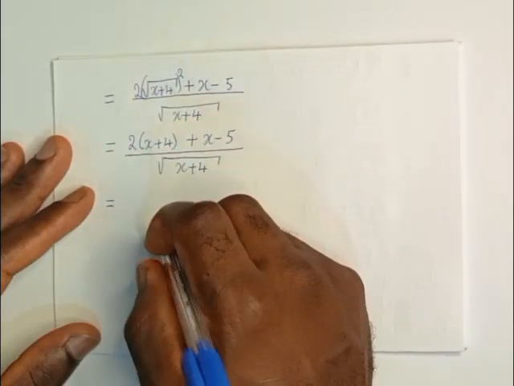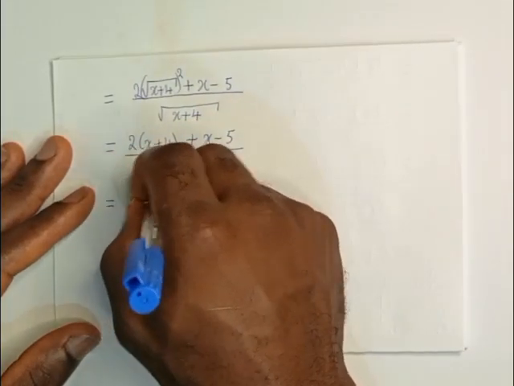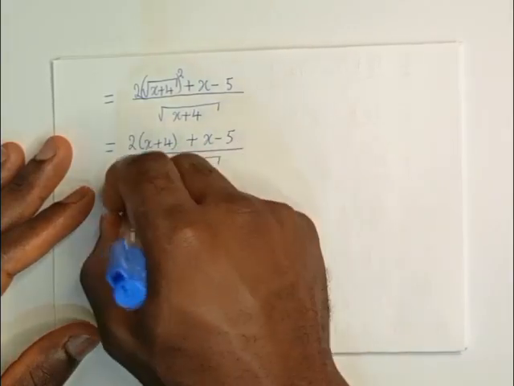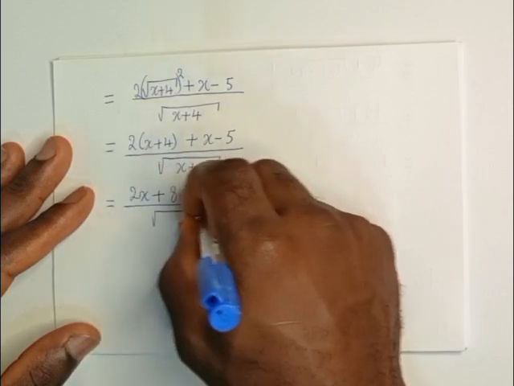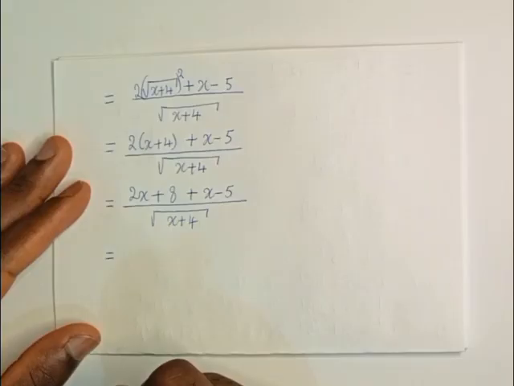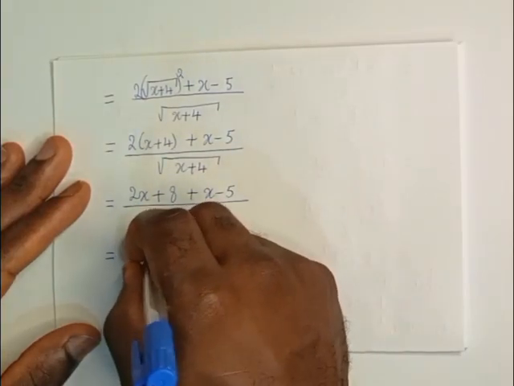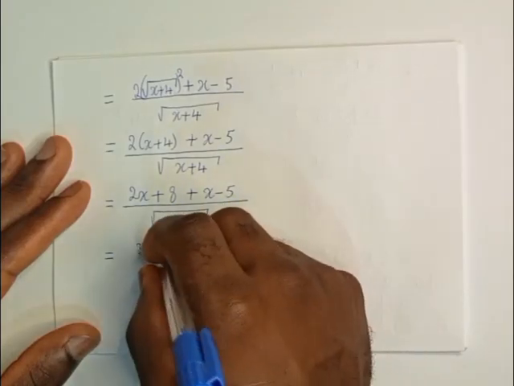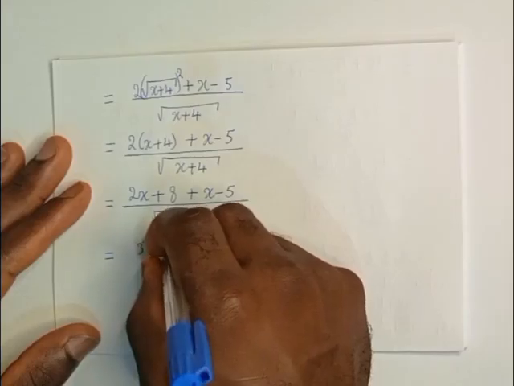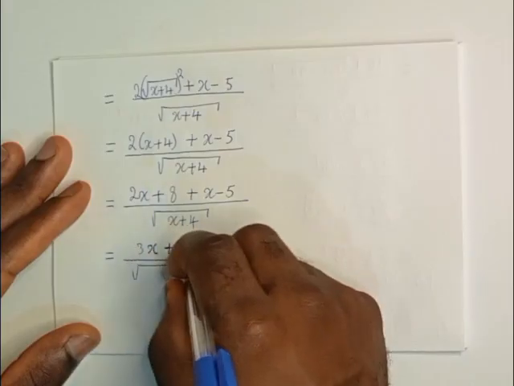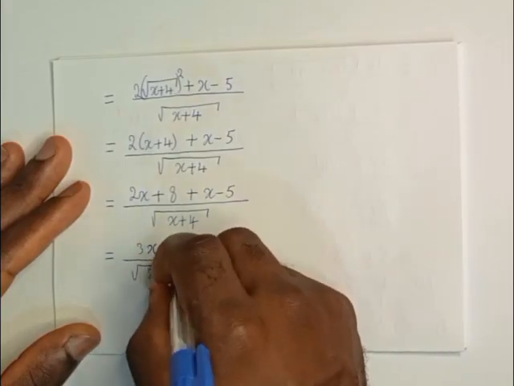Expanding the brackets, this will give us 2x plus 2 times 4 gives 8, plus x minus 5 all over the square root of x plus 4. And this will be equal to 2x plus x gives us 3x, 8 minus 5 gives us 3, all over the square root of x plus 4.